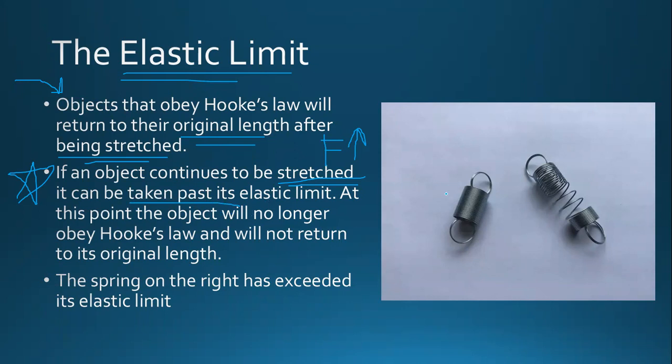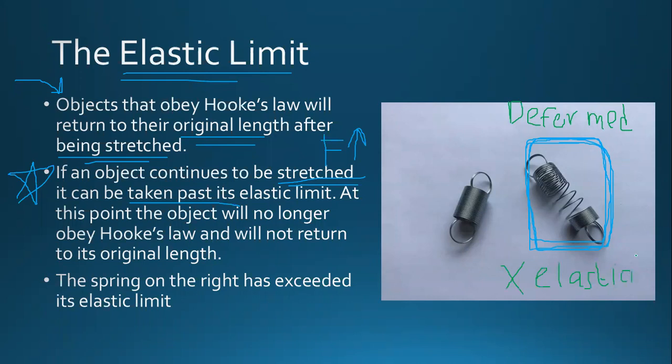Once it is taken past its elastic limit, the object will be deformed, like the one shown in the picture, the right spring. The spring shown on the right has been completely deformed. We say that this spring has been deformed, it has lost its elasticity. It no longer has elasticity. This spring has no more elasticity because you have stretched it so much, to such a point that it has actually lost its elasticity.